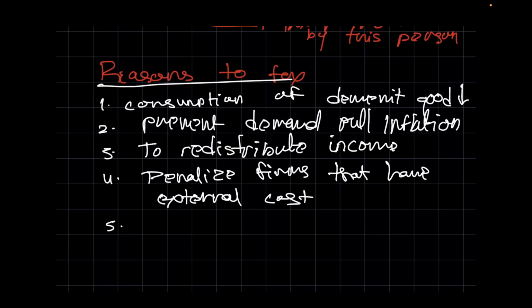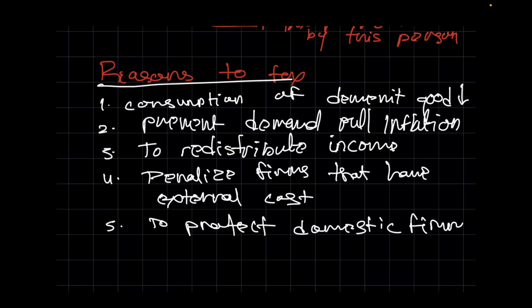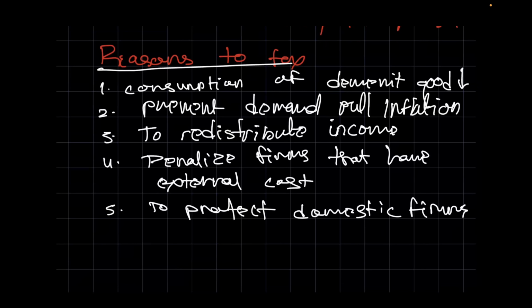So it can be used to punish those firms, and it can also be used in order to protect domestic firms. Now you can have firms that try and become monopolies, that are multinational firms from other countries.